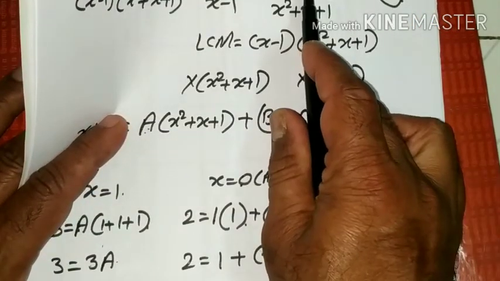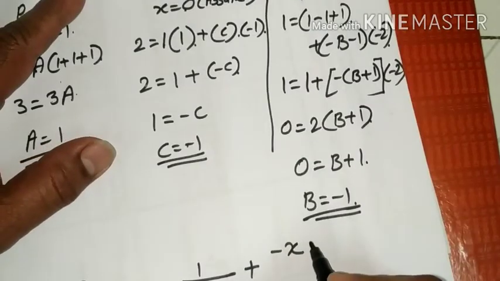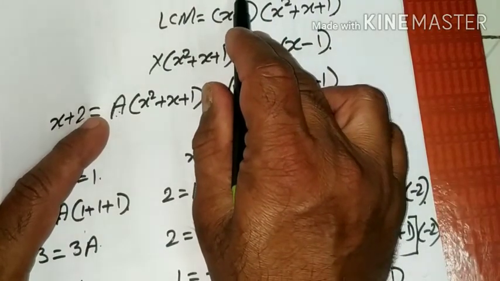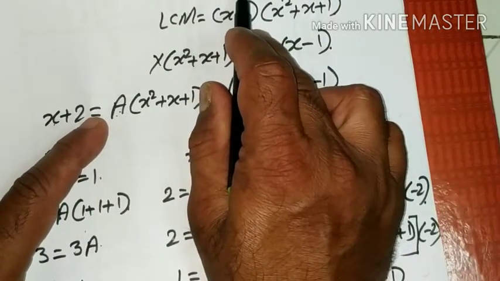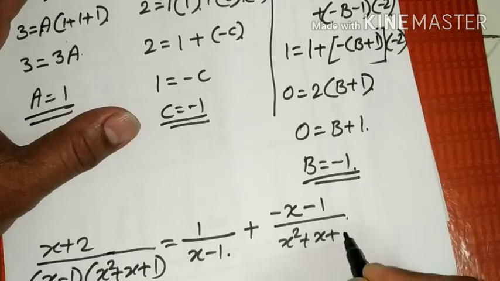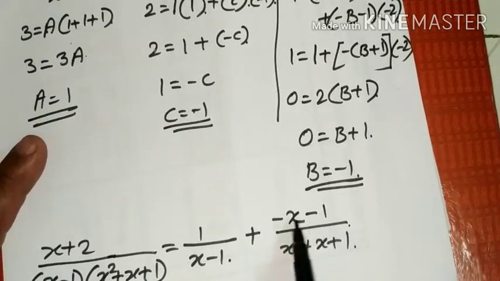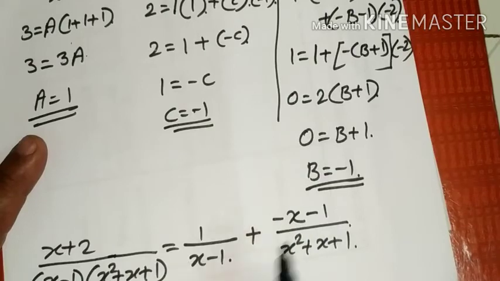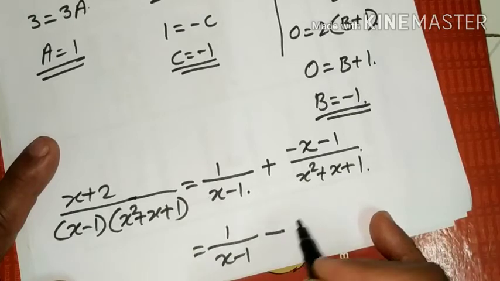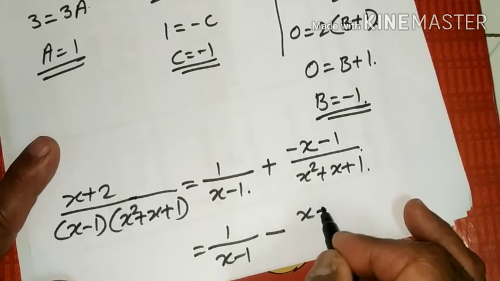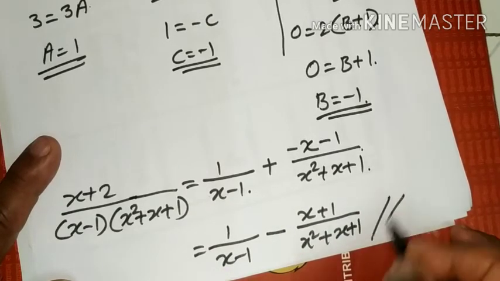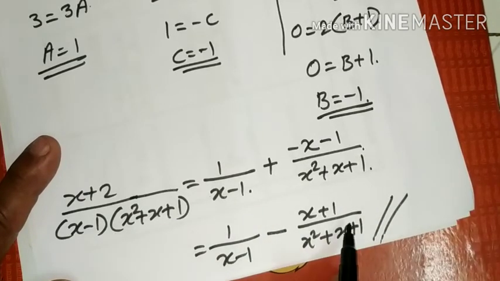So we get minus 1 in the numerator and in the denominator the non-reducible quadratic x square plus x plus 1. Taking the minus sign common outside, the final result is 1 divided by (x minus 1) minus (x plus 1) divided by (x square plus x plus 1), which is the final result of the partial fraction.